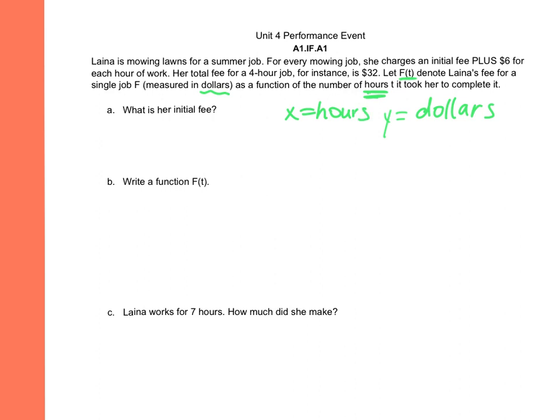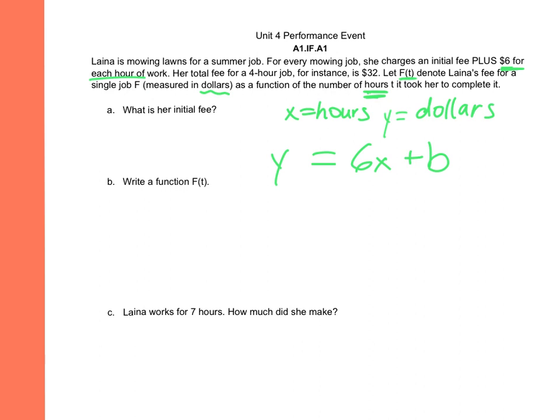We don't know what the fee is, but we do know that it's $6 each hour. So we know that we have 6x. We don't know what the b value is, but we know that y equals mx plus b.